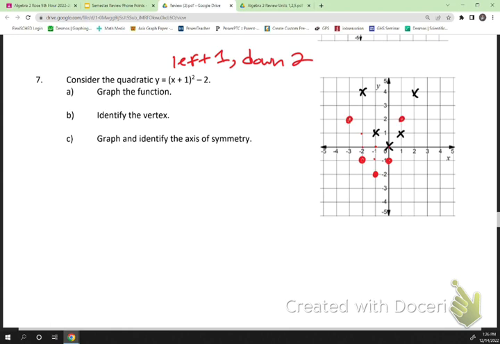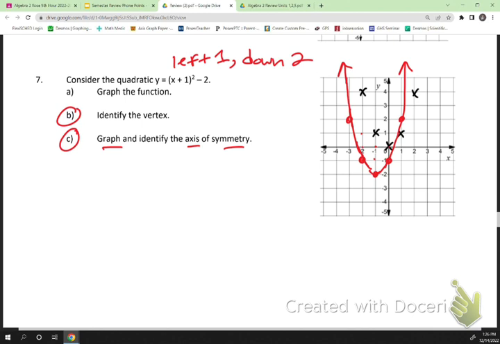And then I'll sketch this graph. After we graph it, we need to identify the vertex. And then we need to graph the line, the axis of symmetry, and identify it.